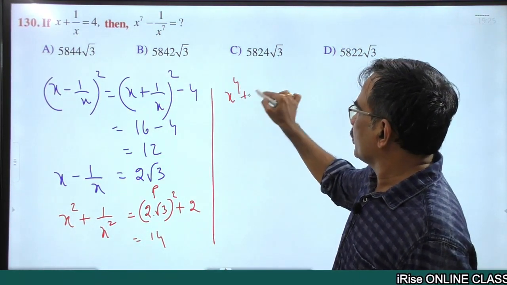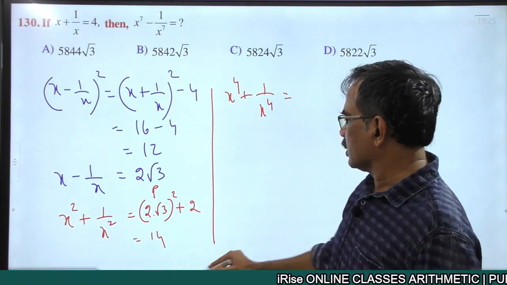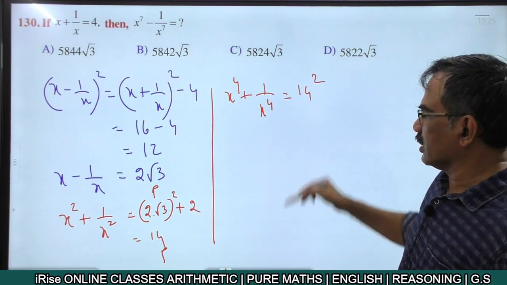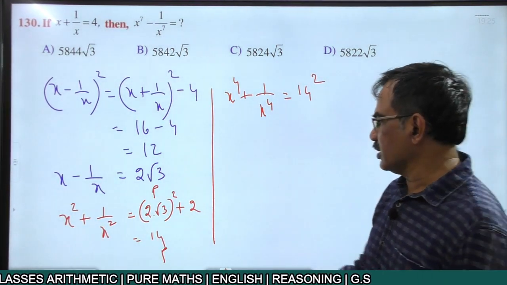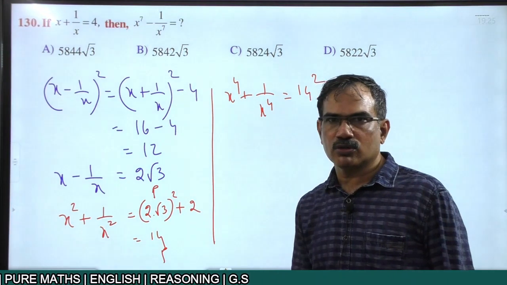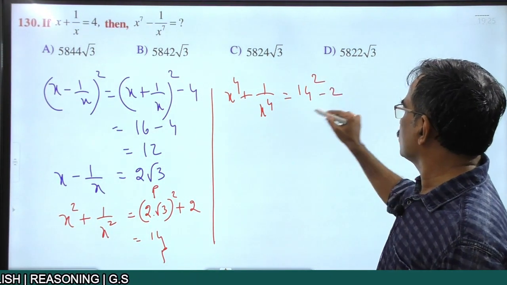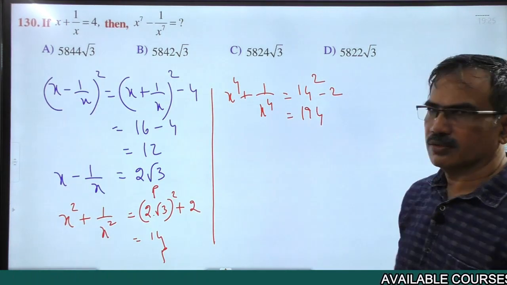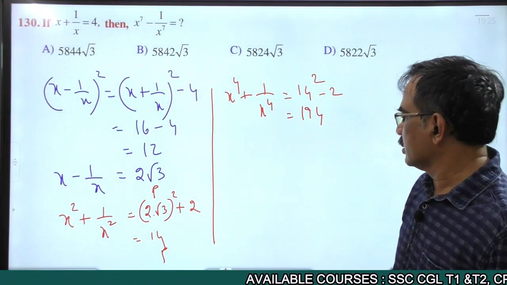X power 4 plus 1 by x power 4: consider again this 14 as p. If x square plus 1 by x square is p, x power 4 plus 1 by x power 4 is equal to p square minus 2. 14 square minus 2, 196 minus 2, 194. Okay.